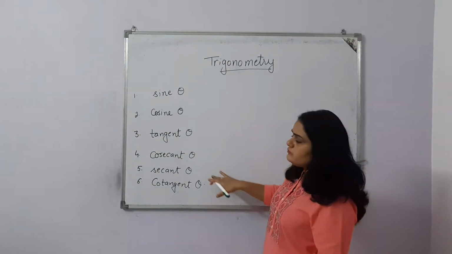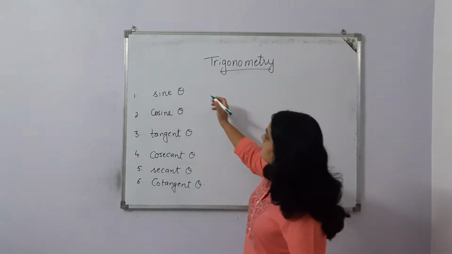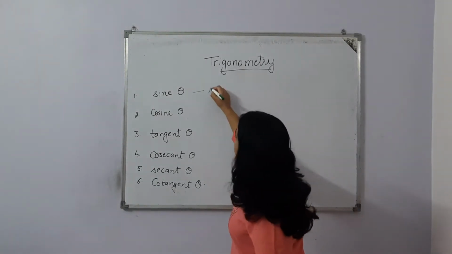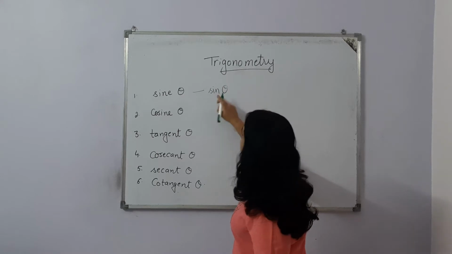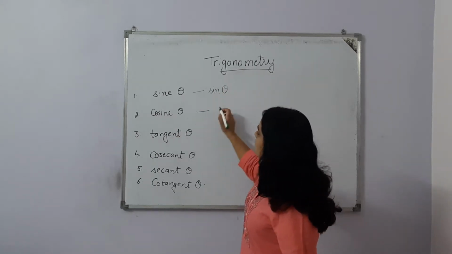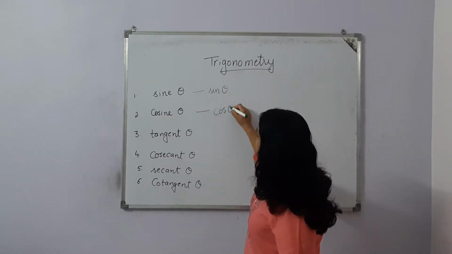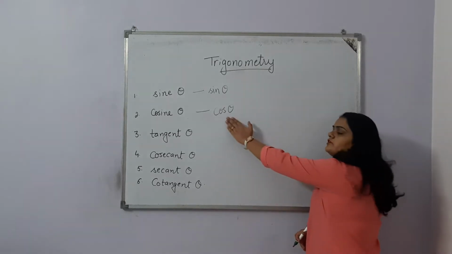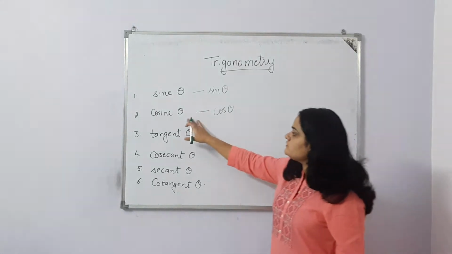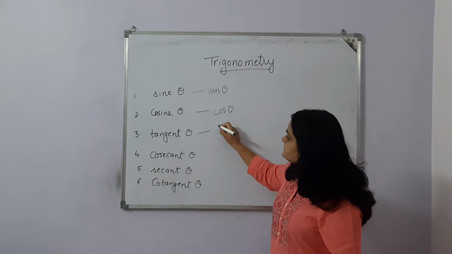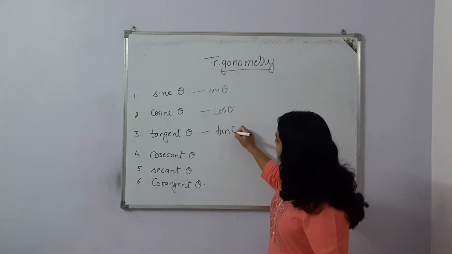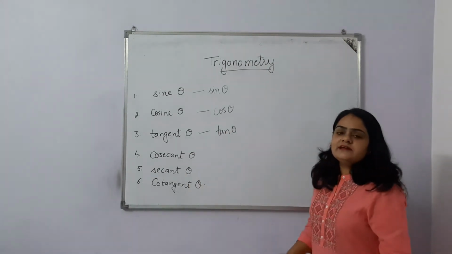These are the full names of the 6 trigonometric ratios. Its abbreviations are sin, which is called sine theta. For cosine theta, we are going to write it as cos theta. This is the abbreviation of cosine theta. And tan theta is the abbreviation of tangent theta.